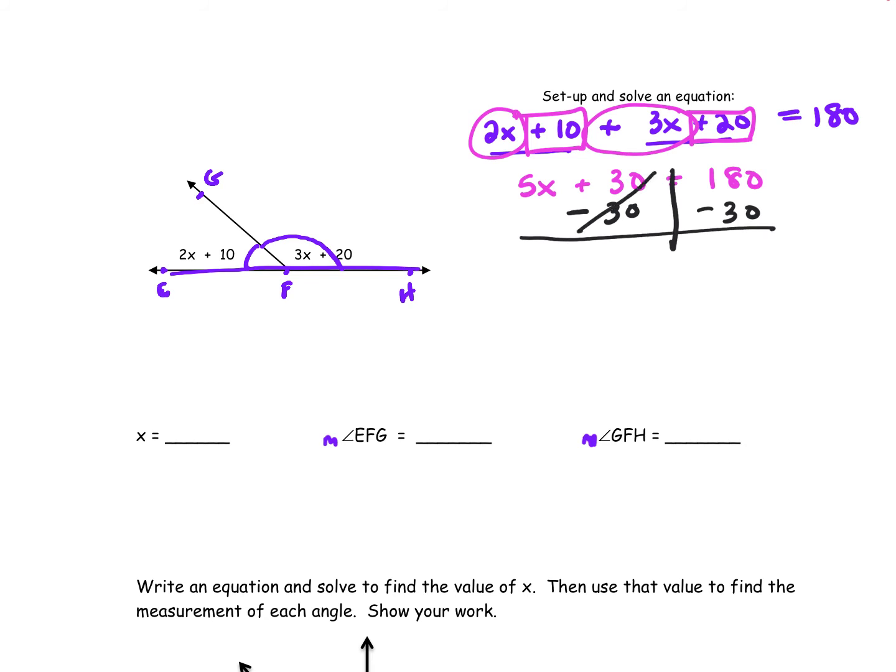In this case it's 30, so we subtract it, leaving 5x on this side and 150 on the other side. Now we're going to eliminate the coefficient, so we're going to divide by 5 on both sides, and that leaves x equals 30. So we now know the value of x is 30.